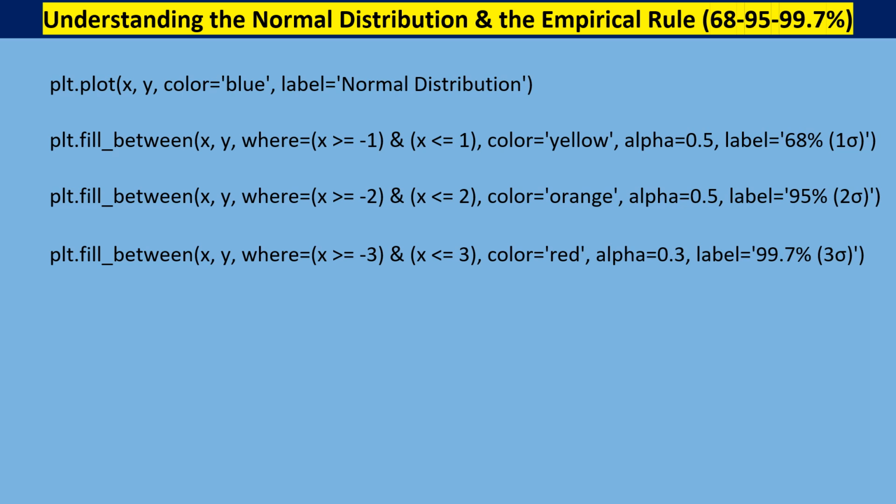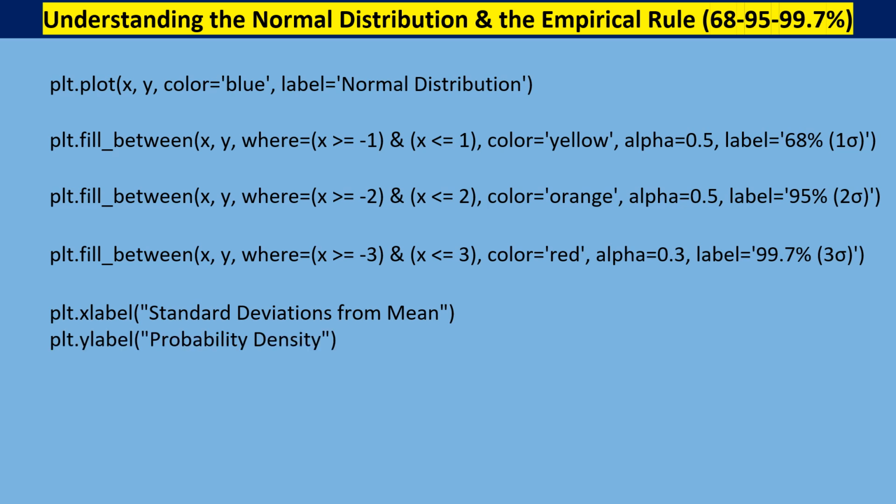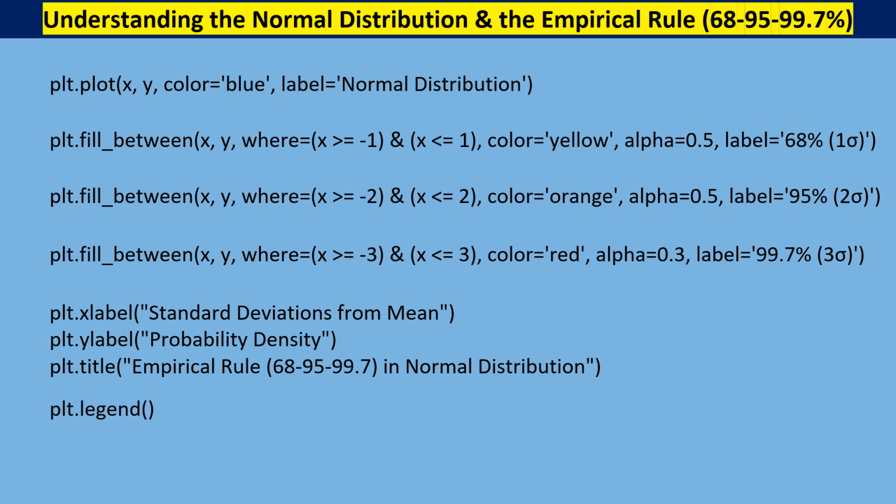Then add labels and a title to the plot for clarity. The x-axis represents standard deviation and the y-axis represents the probability density function. The title is empirical rule in the normal distribution. Then display a legend explaining the highlighted areas and show the final plot.